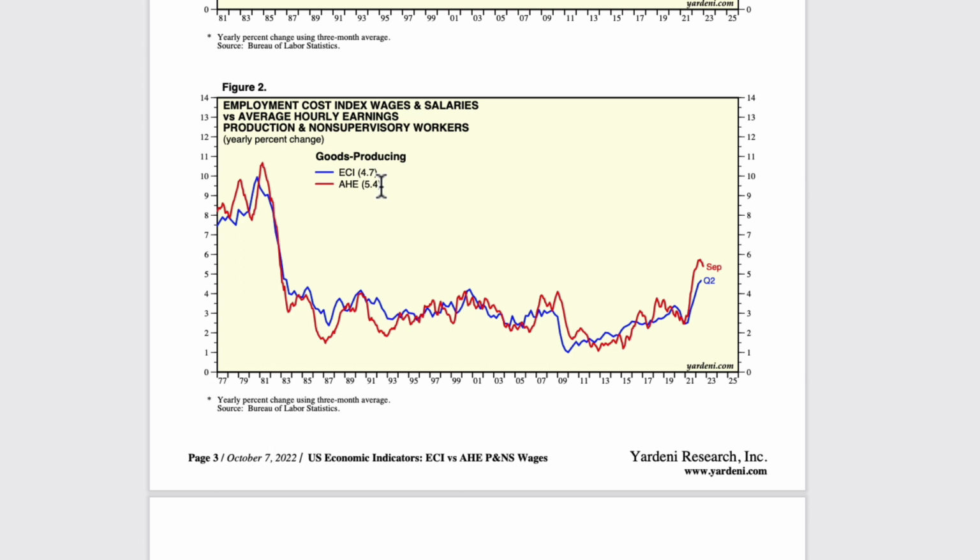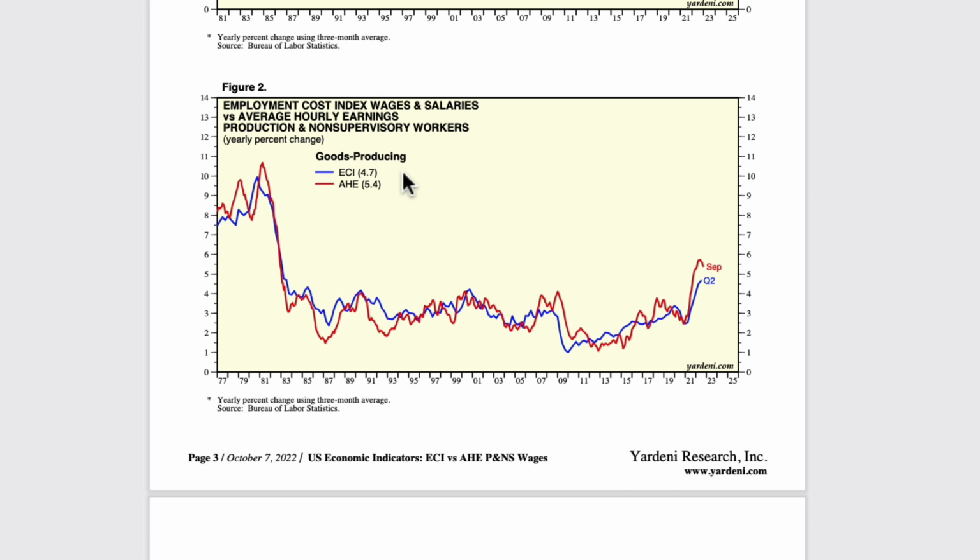But that job that they move up to, they moved from a lower wage job to a higher wage job, while it affects average hourly earnings, you may look at the job they moved into and the pay for that job might not have increased by as much as they increased their earnings by moving to another job. So it's the mix of the jobs in the economy that can affect average hourly earnings.